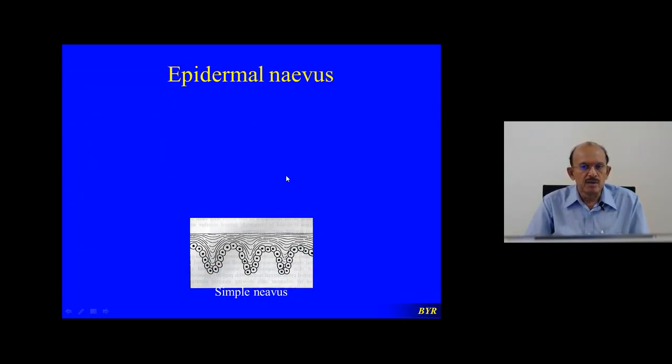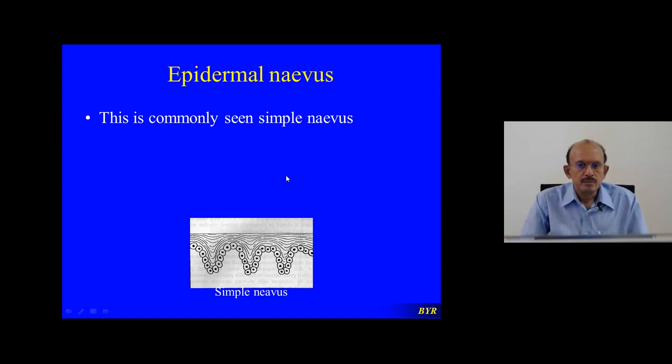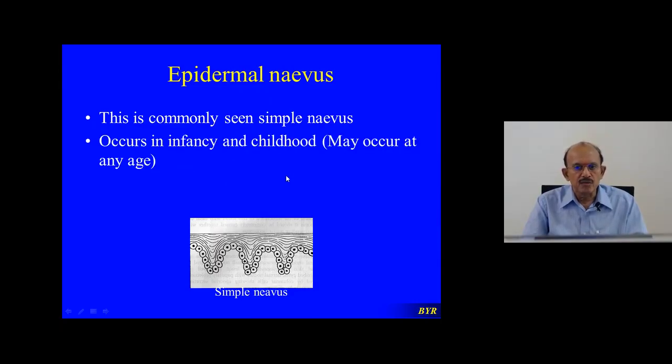Then epidermal nevus. So the types of nevi let us study. Congenital we have already seen. Now we will study the acquired. The types of acquired being epidermal nevus. This is the commonly seen simple nevus, occurring in infancy and childhood.